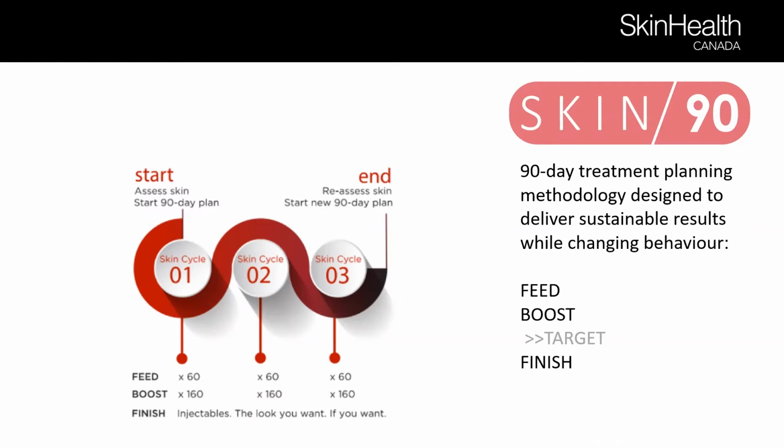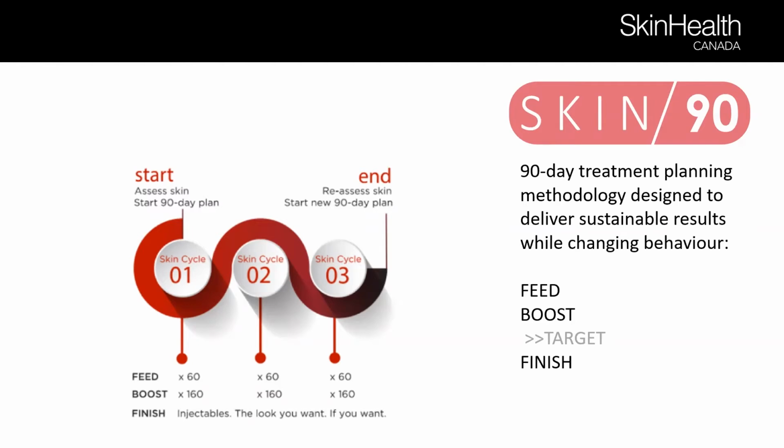So when we talk about changing how someone feeds their skin, we're essentially changing what they're doing to their skin every single day. So you can see that what feed entails is really what you're doing to your skin daily, and it's really twice daily. So in the morning and in the evening. And so essentially you get 60 treatment incidences, or 60 treatments during the month.